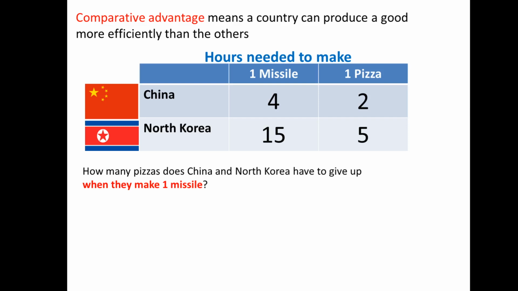So 2 and 3. That will be 2 pizzas for China and 3 pizzas for North Korea. The unit is pizzas, right? 2 pizzas and 3 pizzas.